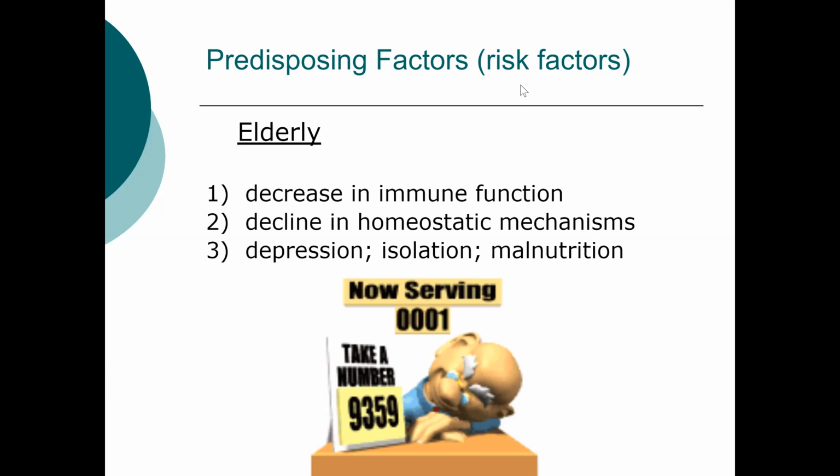But when we're talking about malnutrition in the elderly population, we're talking about the fact that typically they just don't want to eat. Either it's difficult for them to get up and go to the kitchen to cook for themselves, or they just don't want to cook for themselves. They are in that depression state, so they just don't have an appetite. When all this happens, we're dealing with a process of malnutrition.